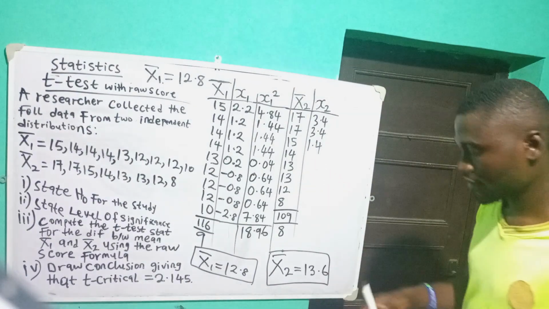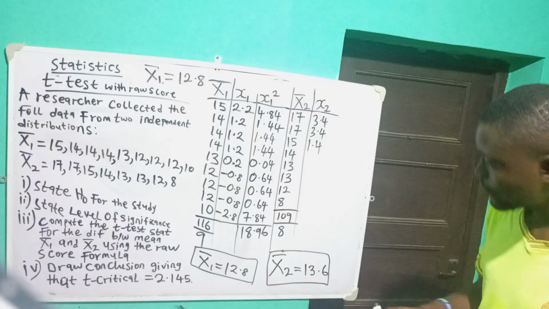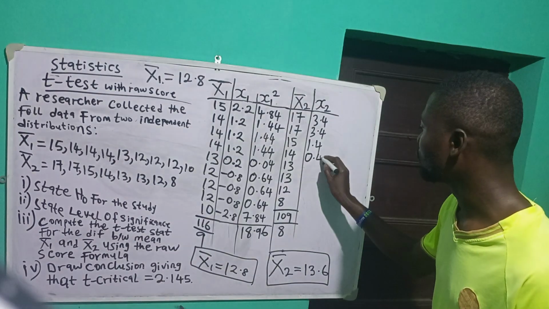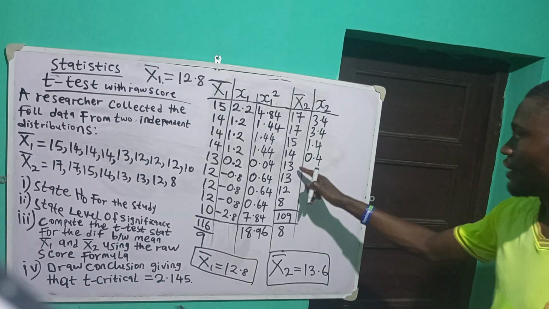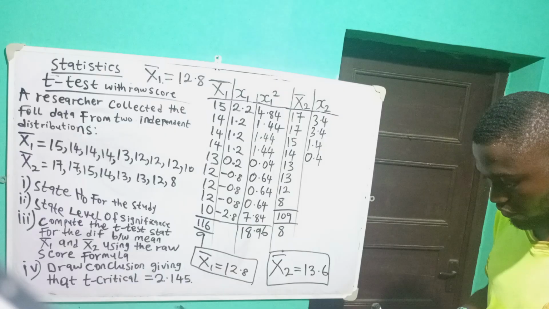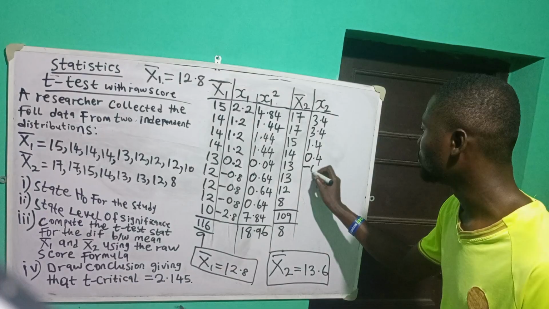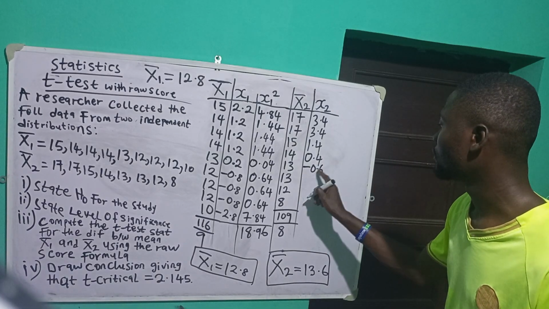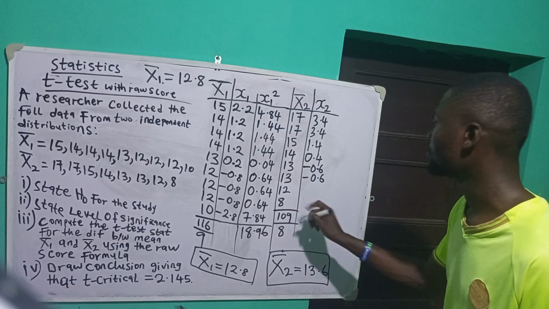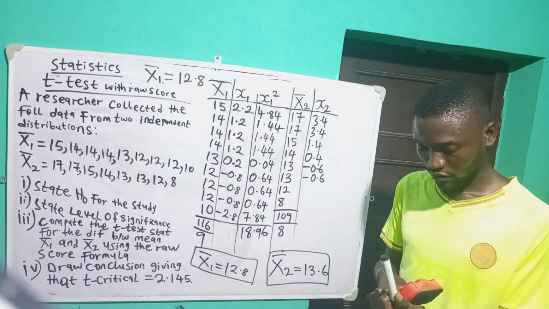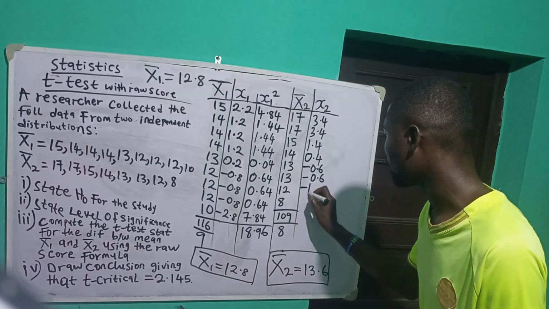Then 14 minus 13.6, you get 0.4. 13 minus 13.6, you are going to have minus 0.6. 13 minus 13.6 is the same as minus 0.6. 12 minus 13.6 is minus 1.6.